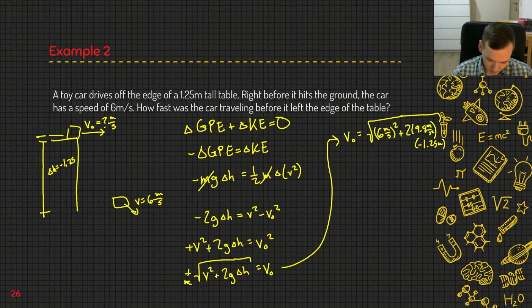If we plug all this in, we get 1.25 times 9.8 times 2, 24.5, 36. Is 11.5. The square root of 11.5 is 3.44.